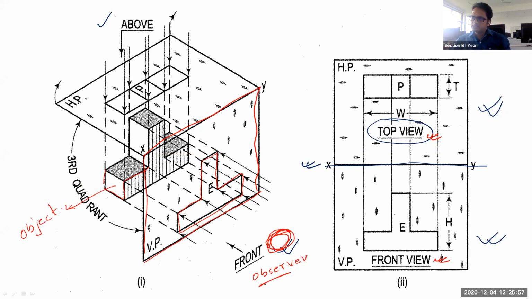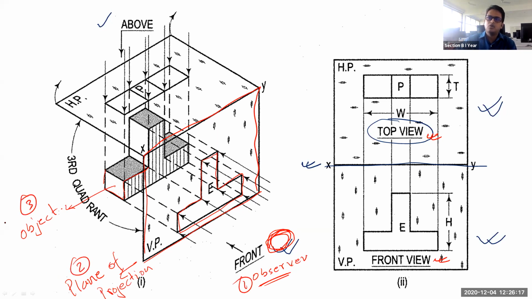First observer is coming, second plane of projection is coming, then third object is coming.